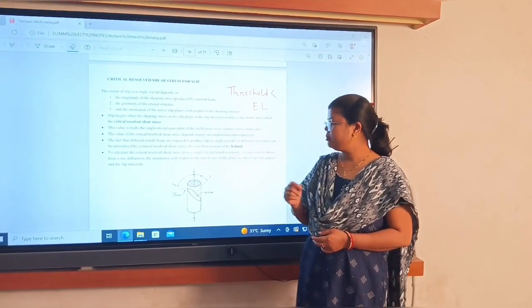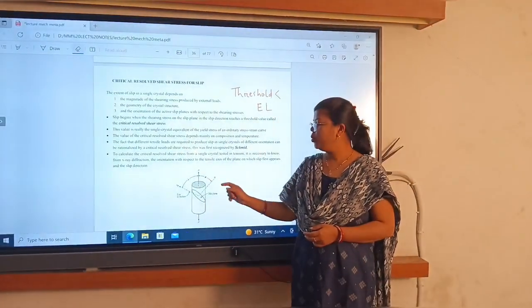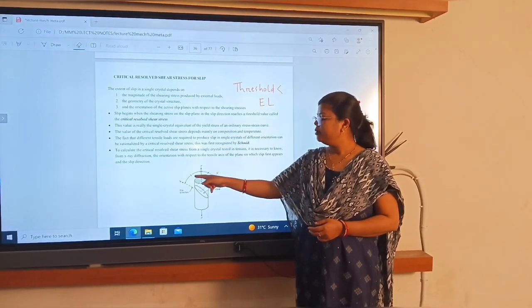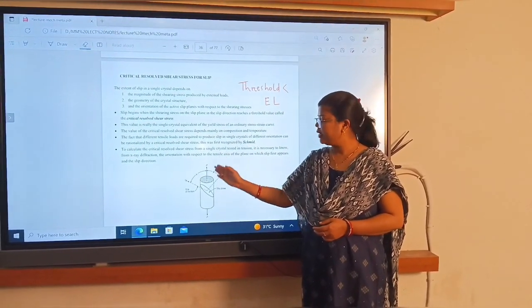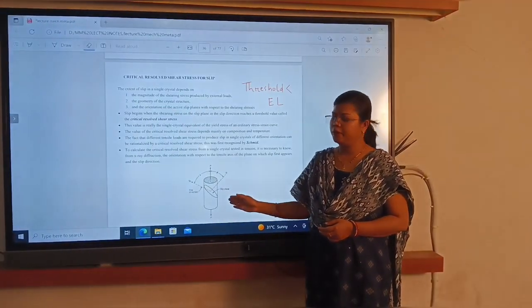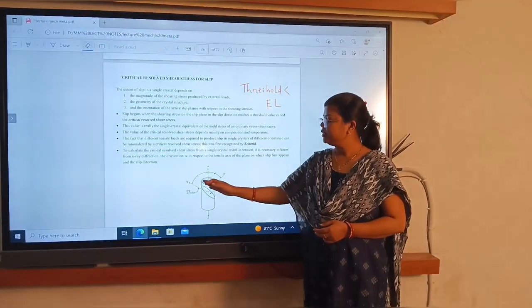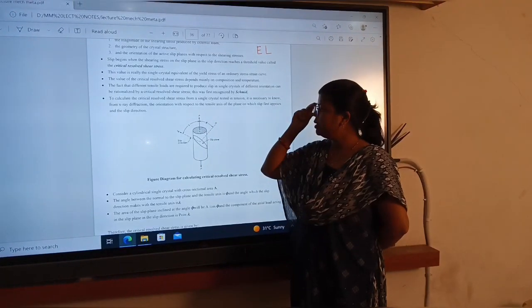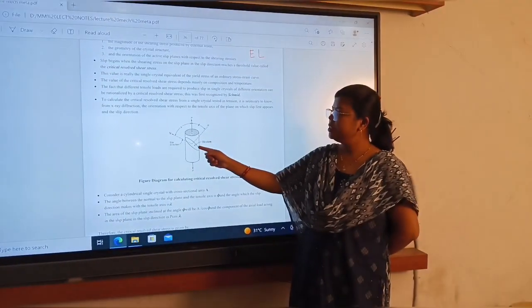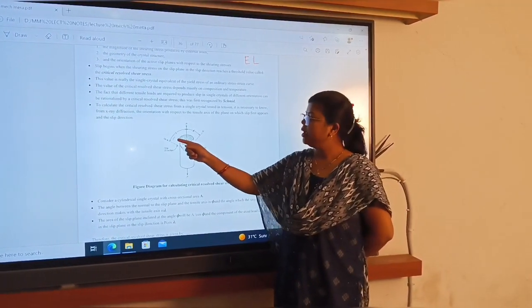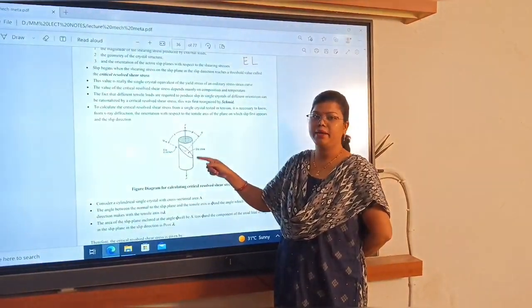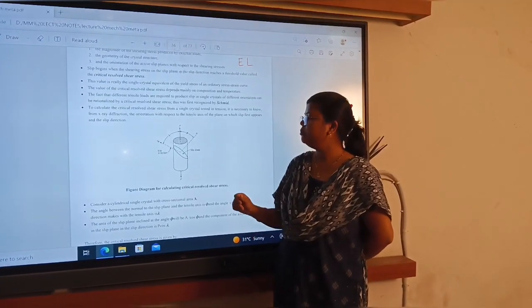The angle between load and normal is called phi, and lambda is the angle between the external load applied on the cylindrical body and the slip direction. As shown in the diagram, A is the area of cross section, N is the normal to the slip plane, tau R is the slip direction, and P is the external load applied on the top and bottom of the body.